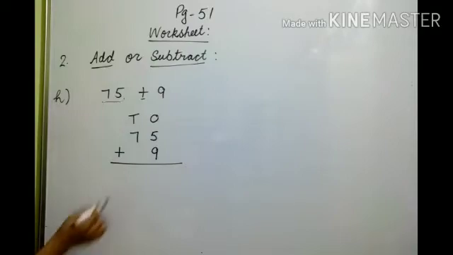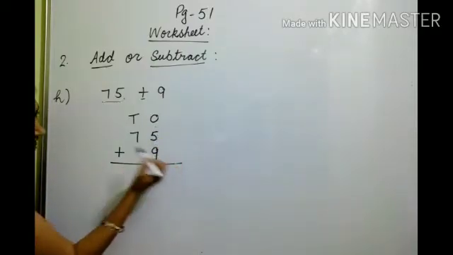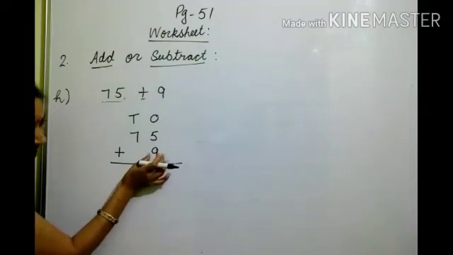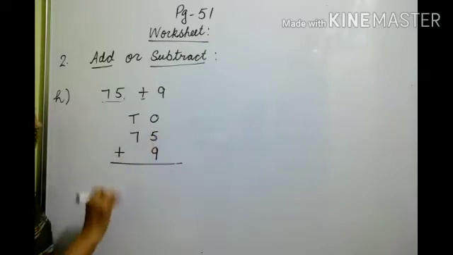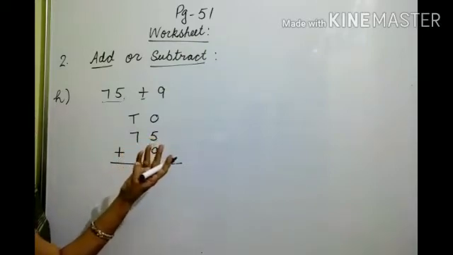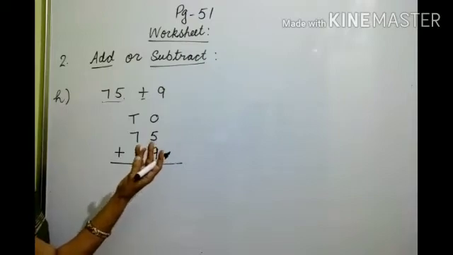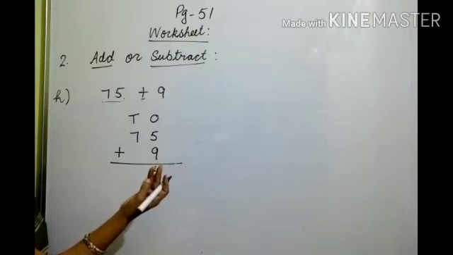Now add the ones first. 5 plus 9. Take in mind the bigger number, that is 9, and count forward 5 more than 9. Okay? 10, 11, 12, 13, 14. So after adding 5 boxes, what number are we getting?